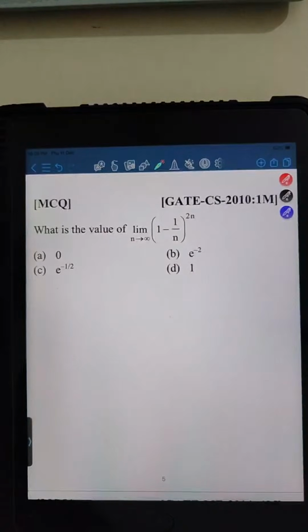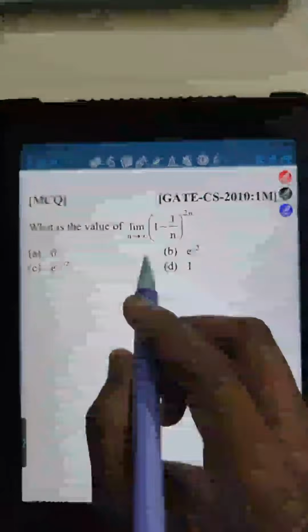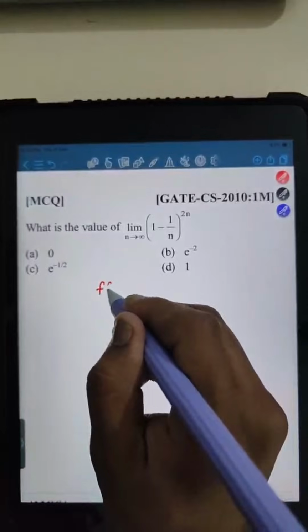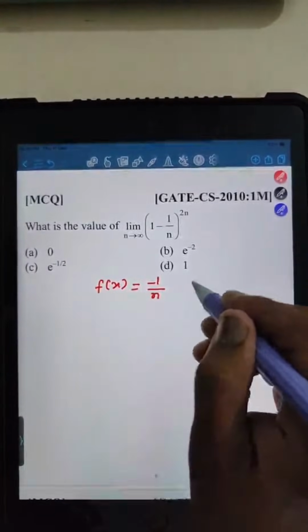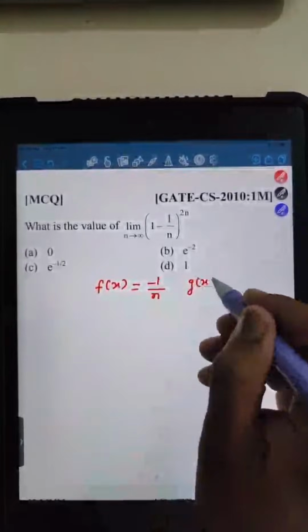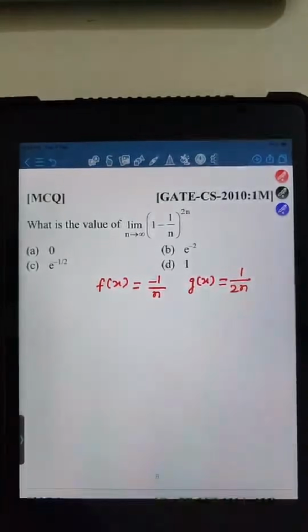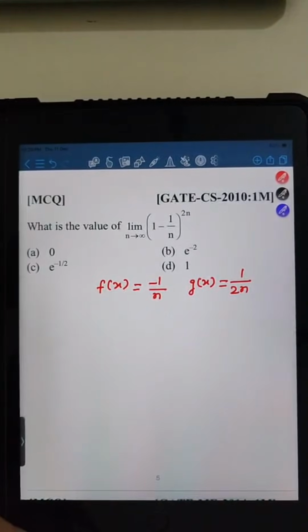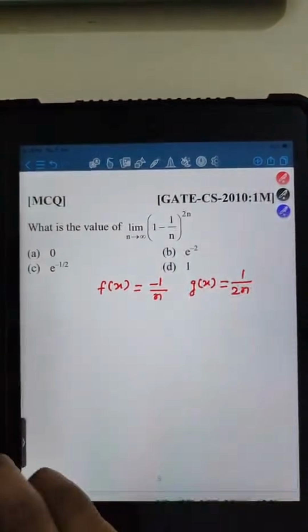Using the same property that we discussed right now, f(x) is minus 1 by n, g(x) is 1 by 2n, right? Ritu Kumar is telling answer is B. Yes, Ritu, you are correct.